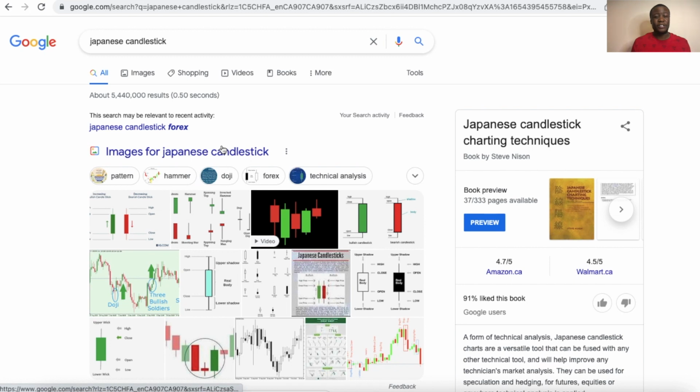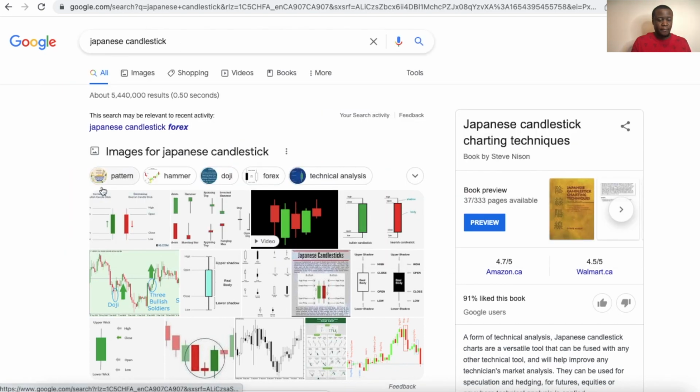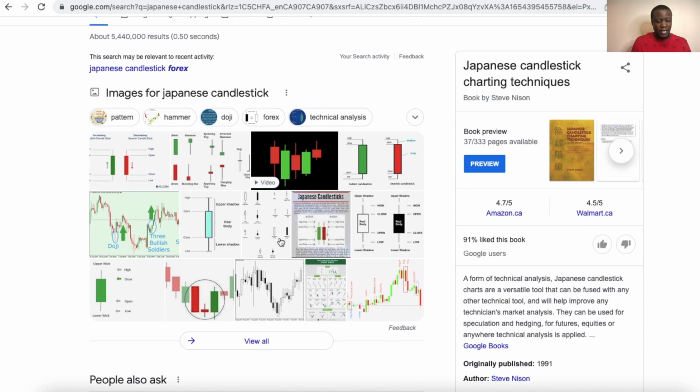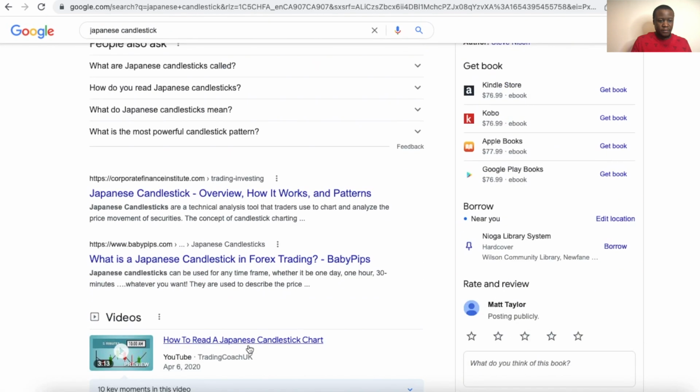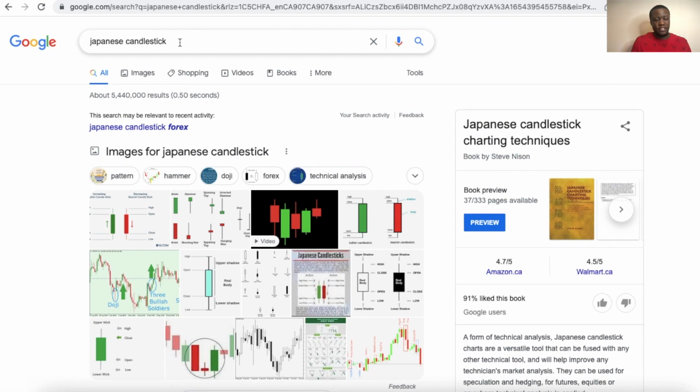But if you really want to know, just for your own personal knowledge, you could go into Google and simply put Japanese candlesticks, and you could get all the different patterns here, like the hammer, the doji, bullish engulfing, tweezer tops.